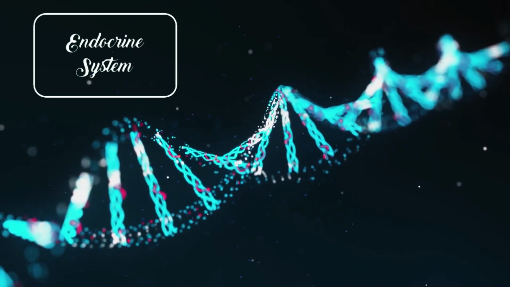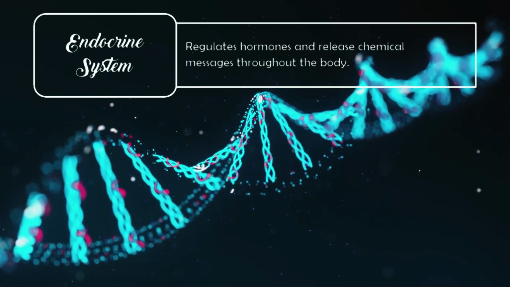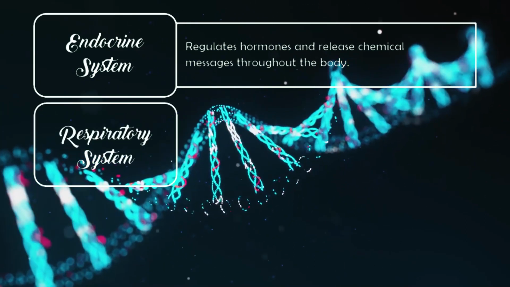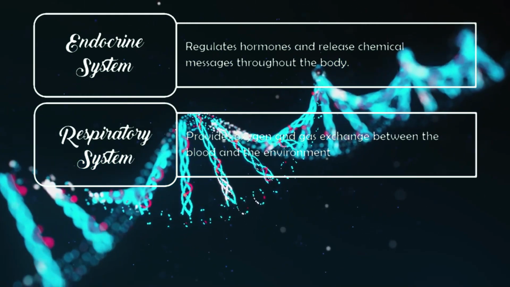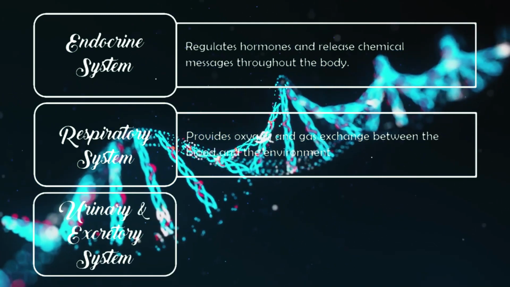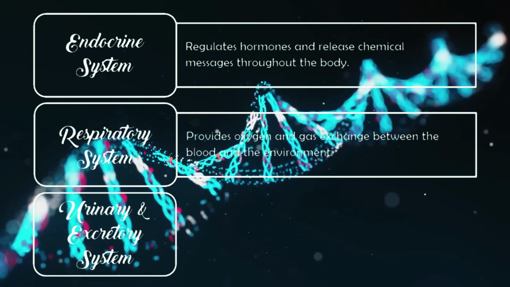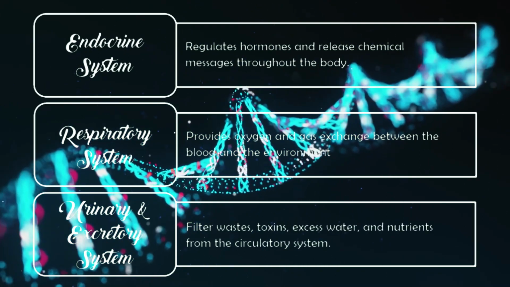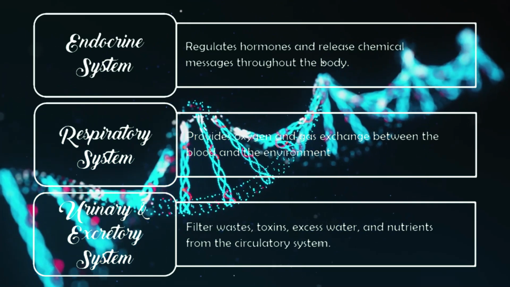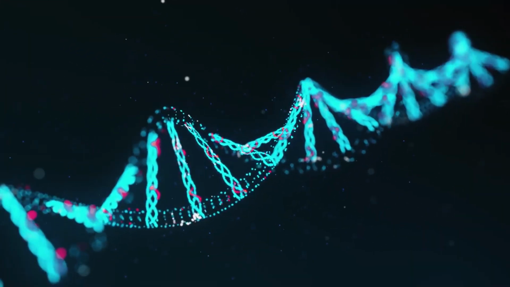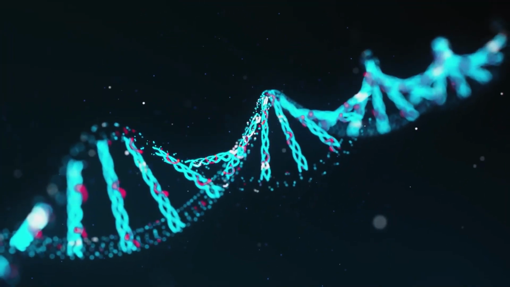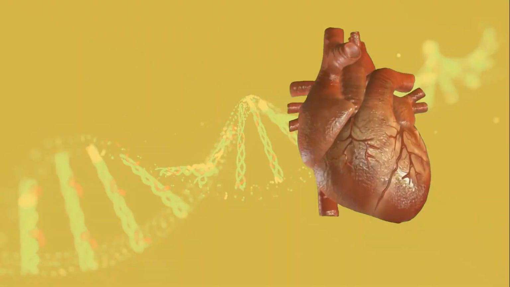Endocrine system regulates hormones and releases chemical messages throughout the body. Respiratory system provides oxygen and gas exchange between the blood and the environment. Urinary and excretory system filter wastes, toxins, excess water, and nutrients from the circulatory system. The different organ systems work together to perform different tasks to ensure survival of animals, including humans.